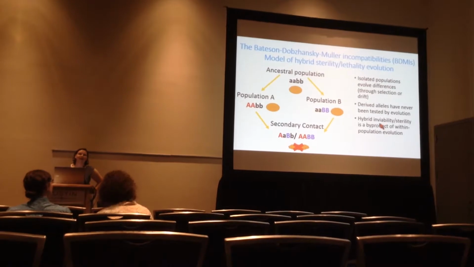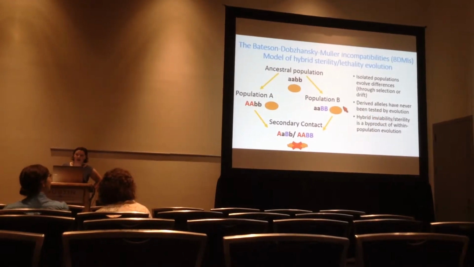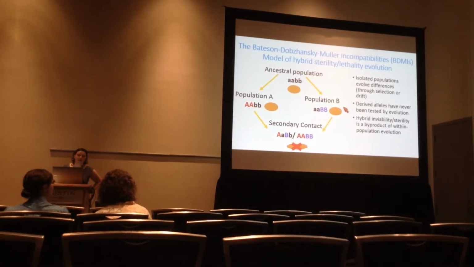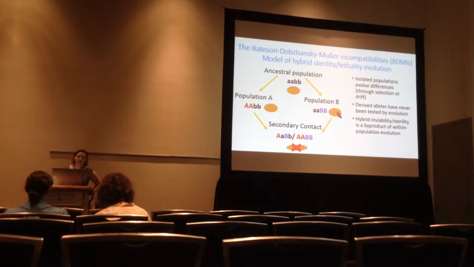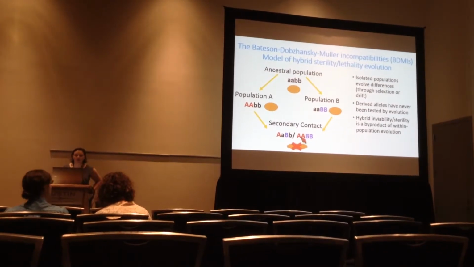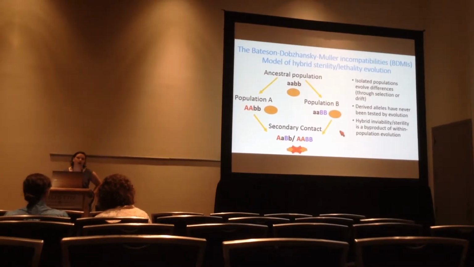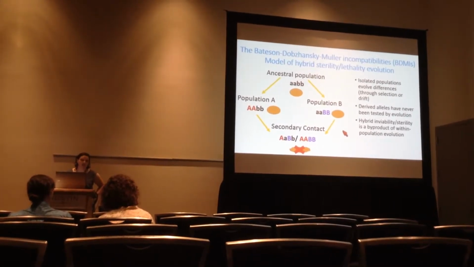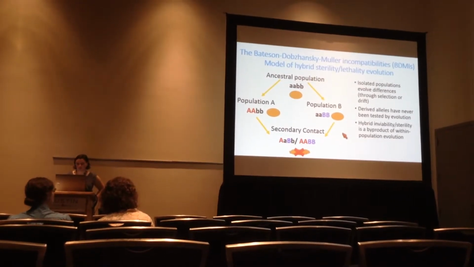I'm not going to belabor this point because we've heard about it many times today, but essentially the take-home is that within-population processes lead to the evolution of novel alleles in isolation. When they come back together in a hybrid context, these newly derived alleles form novel genetic combinations which have never been tested before by evolution and result in the formation of inviable or sterile offspring.